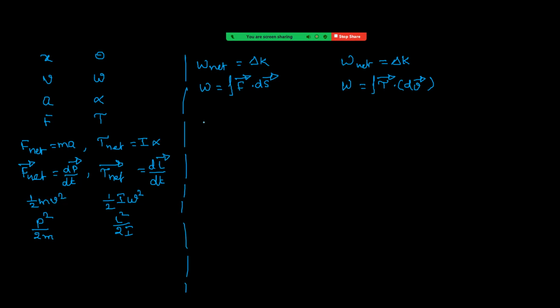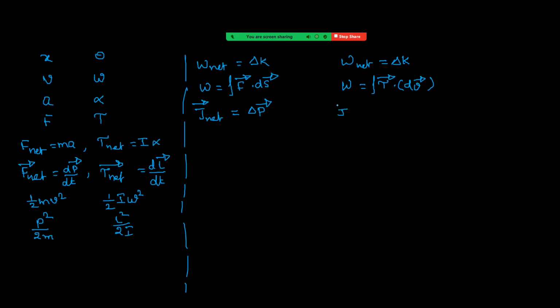Next we can take the momentum impulse theorem. So we have learned net impulse is equal to change in momentum of the particle, right?